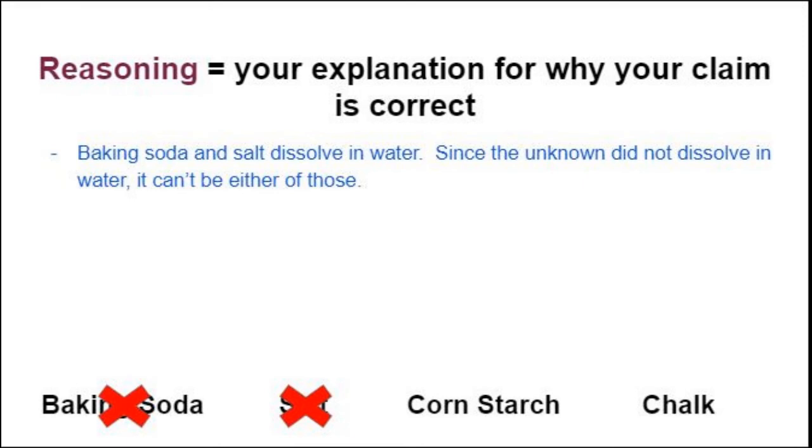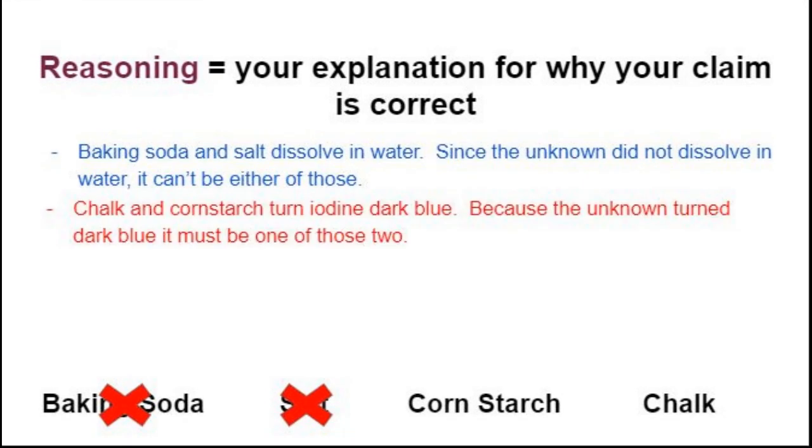Then, chalk and cornstarch turn iodine dark blue. You know that from the video I showed you about how different powders react. Your evidence was that the unknown turned dark blue. So chalk and cornstarch turn iodine dark blue. Because the unknown turned dark blue, it must be one of those two.